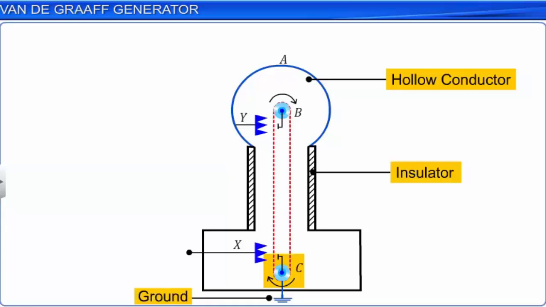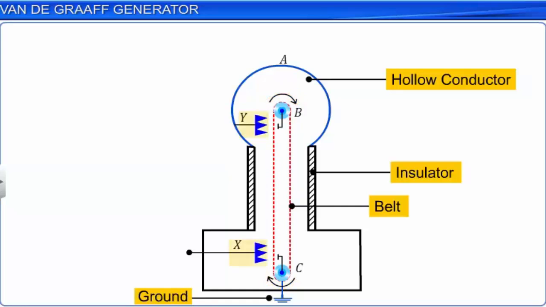And C can be continuously driven by an electric motor, or by hand in case of the device being used for demonstration. A belt of insulating material such as silk or rubber passes over the pulleys. As the pulleys move continuously, the belt also moves continuously.